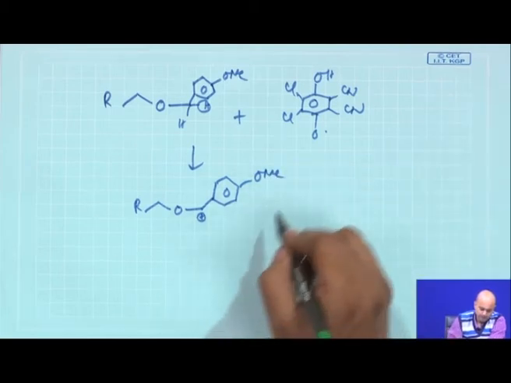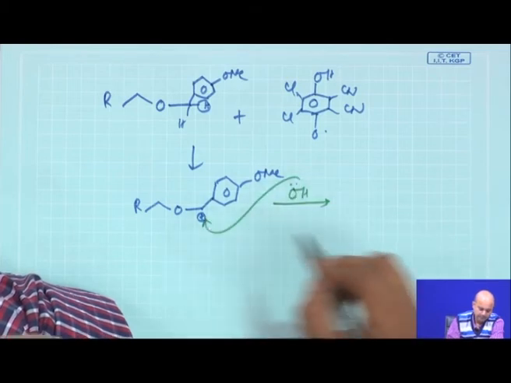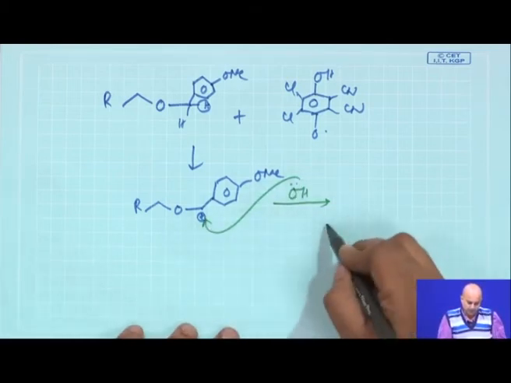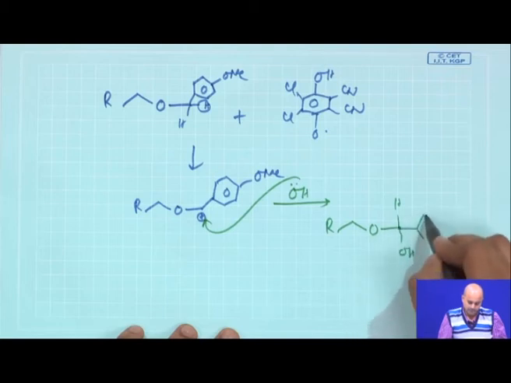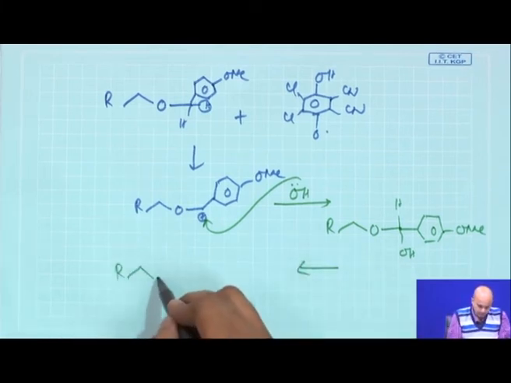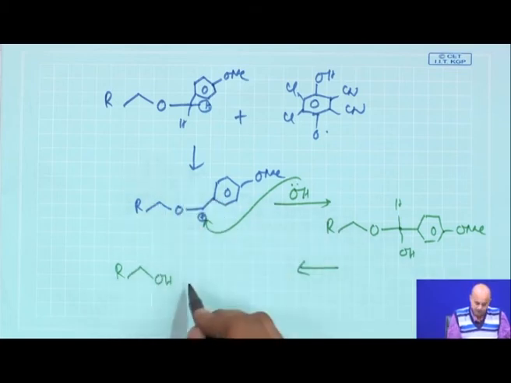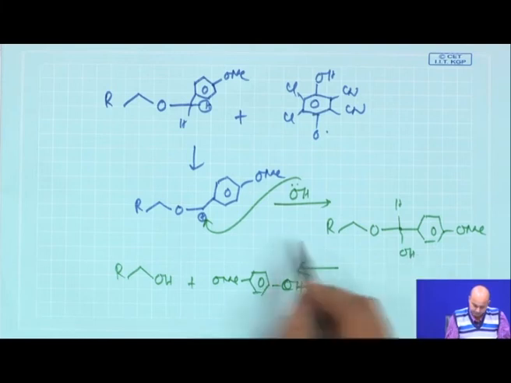Water now attacks here, and what you get is a hemiacetal, which simply collapses to give you the RCH2OH and anisaldehyde, OMe-C6H4-CHO.